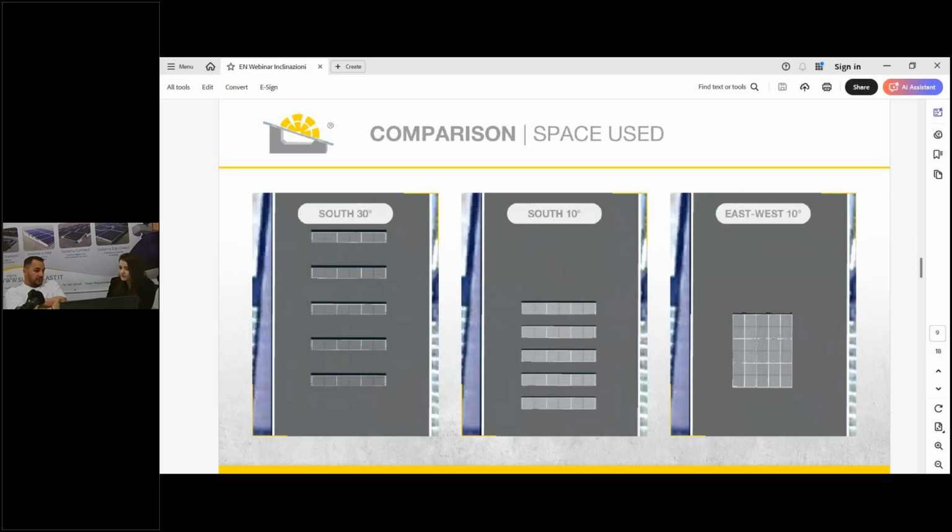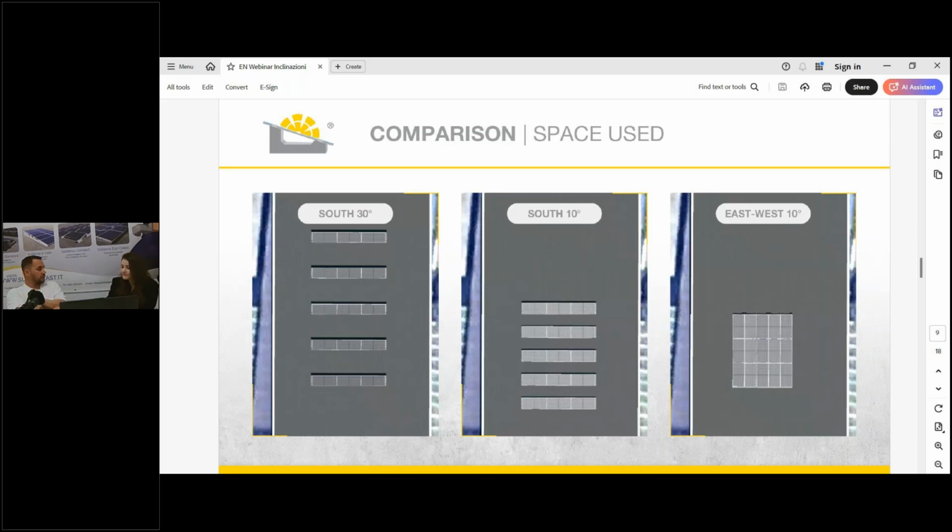Okay. So this is one of the reasons why a 30 degrees probably generates more power, gets more sun than the others. But there are some other sides that you need to consider whenever you want to use a higher inclination. As I see this picture, the first thing that I see is the occupied space on the roof. Exactly, that's the reason we put it, right? So the space used for what we have here, 1, 2, 3, 4, 5 by 3, 15 panels. So we got 15 panels with south 30, 15 panels with south 10, and 15 panels with east-west 10 degrees.